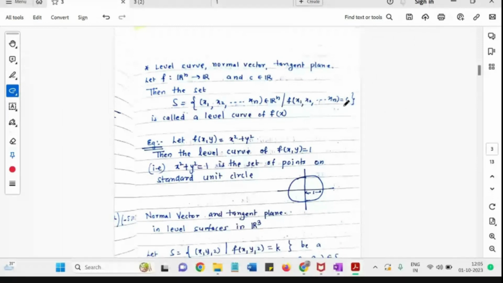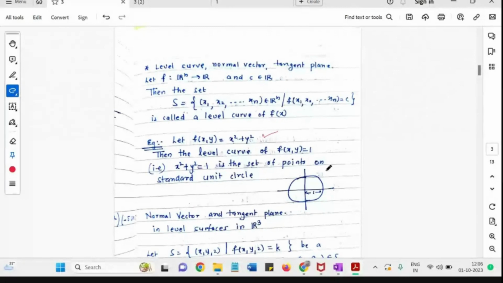There are conditions on f, that f has to be a differentiable function. So let me just give you an example of a level curve. If I take f of x comma y equal to x squared plus y squared, and if I take f of x comma y equal to 1, so it is an equation x squared plus y squared equal to 1. So the level curve in this case is a standard unit circle.